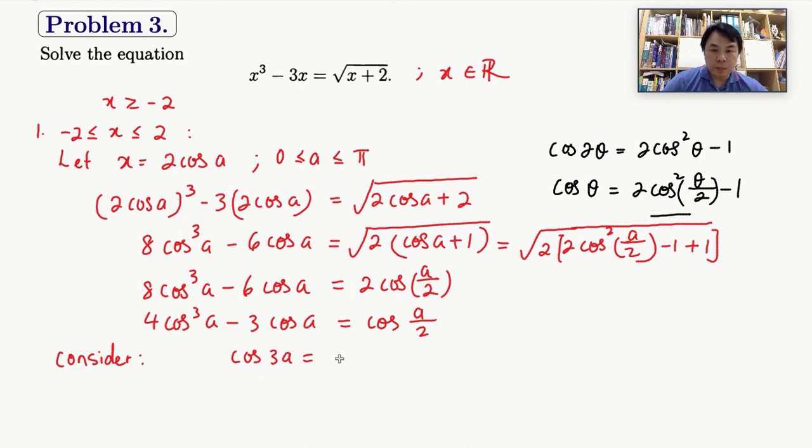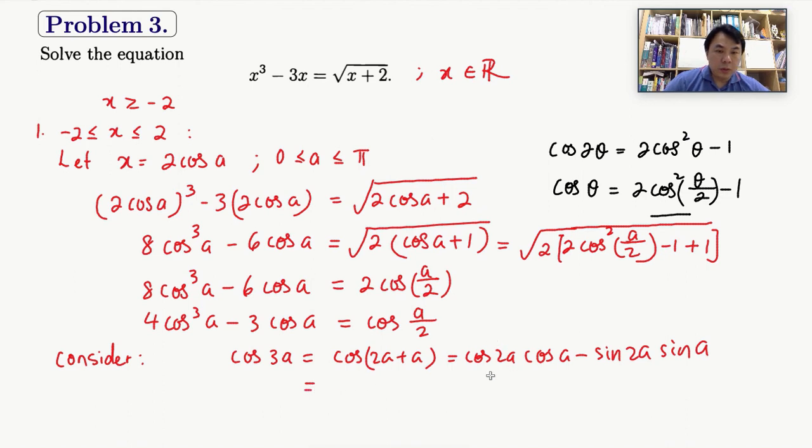Okay, let me try here. We can get cos 2A plus A, for instance. Okay, that will be cos 2A cos A minus sin 2A sin A here.